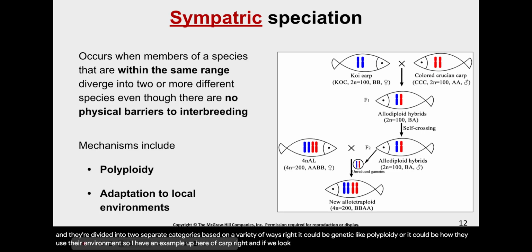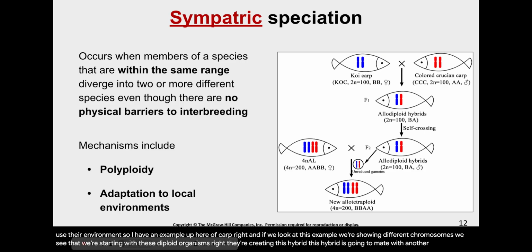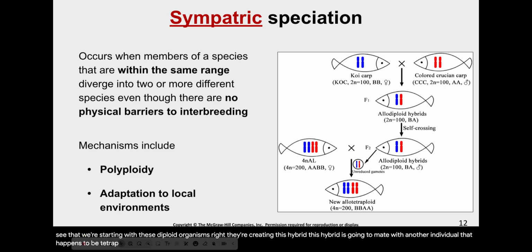If we look at this example, we're showing different chromosomes. We see that we're starting with these diploid organisms. They're creating this hybrid. This hybrid is going to mate with another individual that happens to be tetraploid. And now we have this new tetraploid individual. This tetraploid individual is now no longer going to be able to mate with the original parent population.